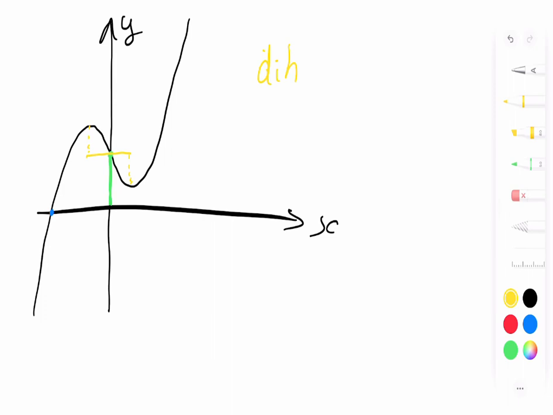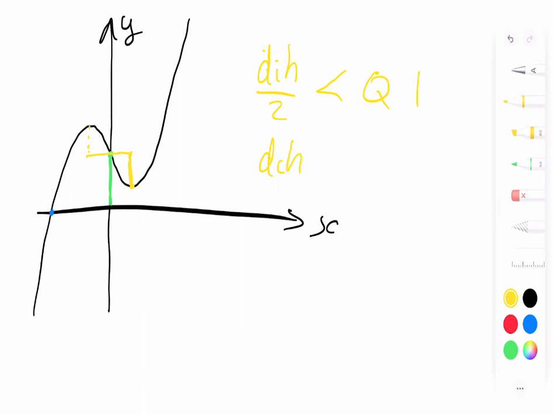If the difference in height divided by 2, so basically the difference from the height of the inflection point to this point here, so this distance here, if DIH over 2 is less than q, then there will be 1 real solution, because it won't cross the x-axis again or touch it at all.